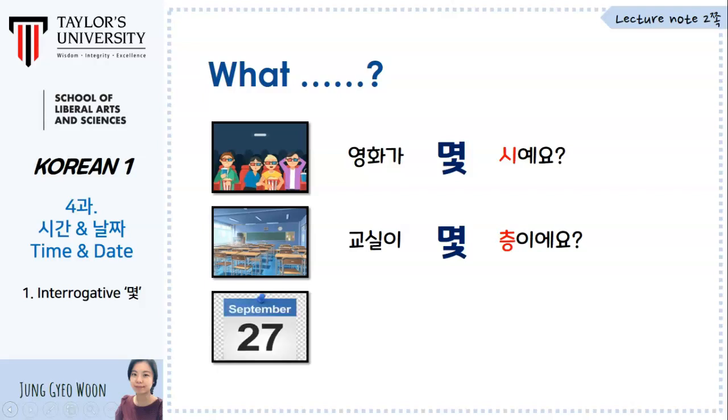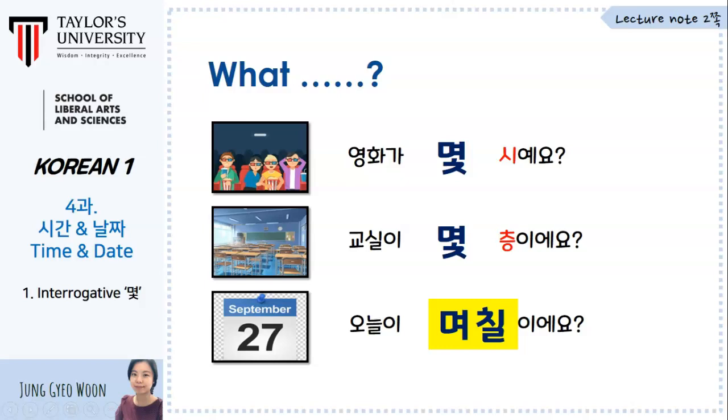Or I want to ask the date. Today, 오늘, 오늘이 며칠이에요? 몇 plus 일, the day, became a fixed expression 며칠 as one word. 며칠이에요? What date? 오늘이 며칠이에요?